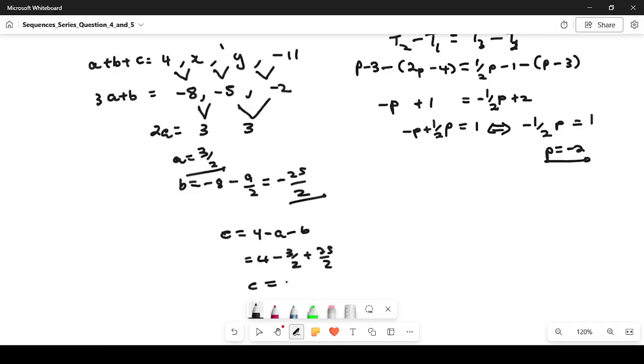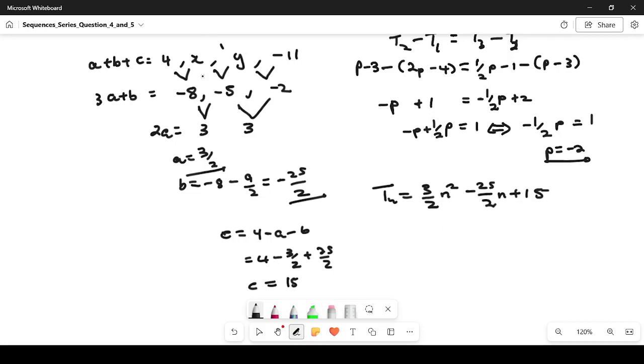So c, it's 15. Therefore, the general nth term of this sequence is defined by 3 halves n squared, and then what is b? Okay, that's not plus, that's minus. Minus 25 divided by 2 n plus 15.